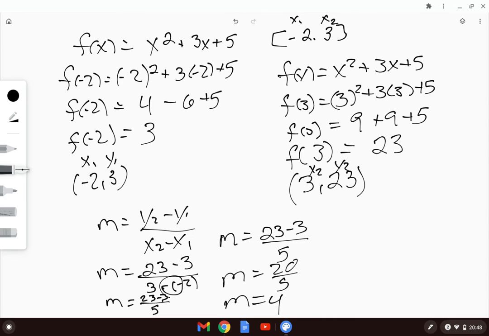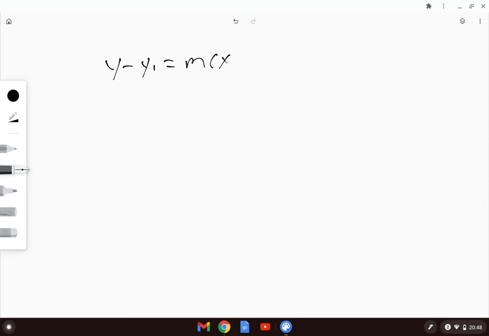Now, the next thing that I need to do, because I want to write the equation of the secant line so I can graph both the function and the secant line, is use my x1 and my y1. So using the point slope form of a linear function, my y1 we said was 3, the slope was 4, and my x1 is going to be -2.